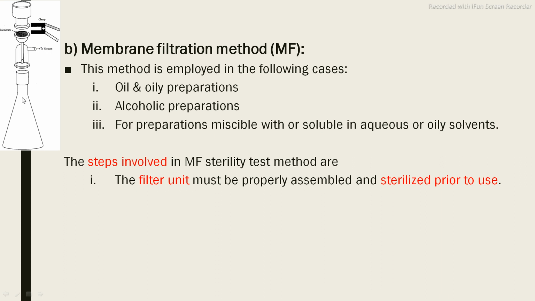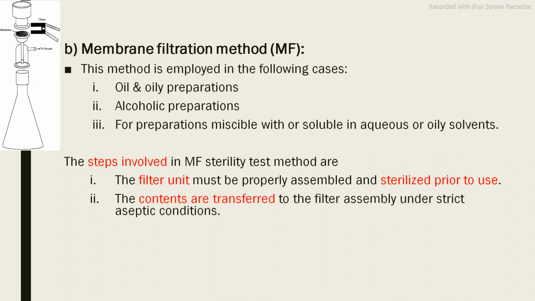So before using this membrane filtration unit, first we have to sterilize it in the autoclave or by means of hot air oven. Once it is sterilized, then we can use it for the membrane filtration method. Then contents are transferred to the filter assembly under strict aseptic condition.